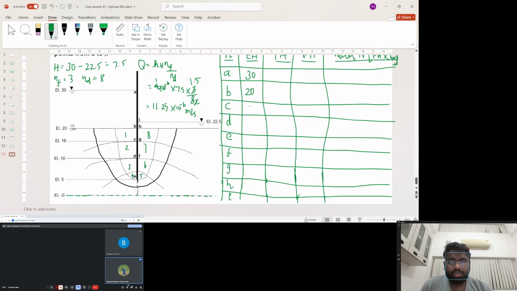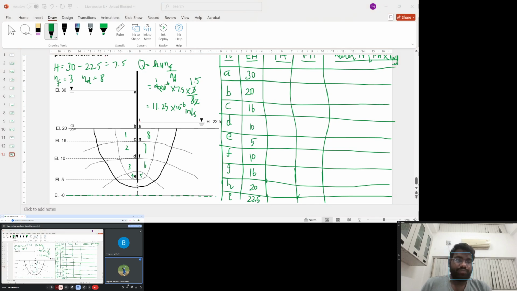C is 16. D is 10. E is 5. F is again 10. G is again 16. H is again 20. And I is at 22.5. Understood? Any doubts? We are just calculating the elevation head.